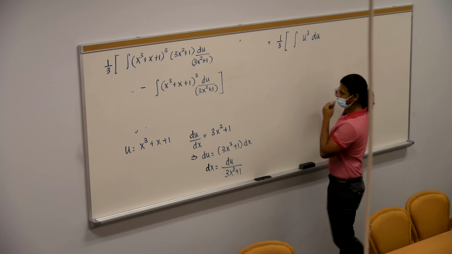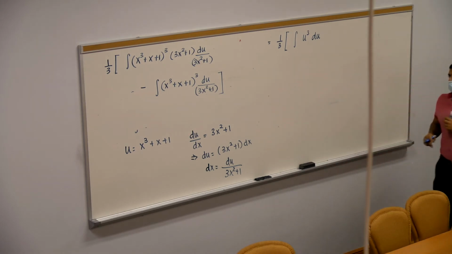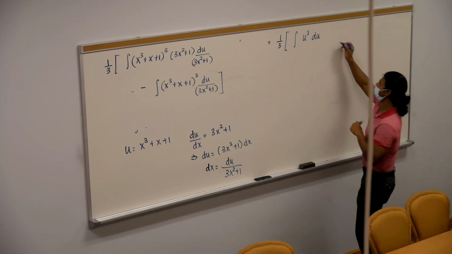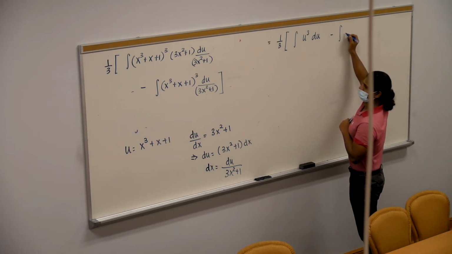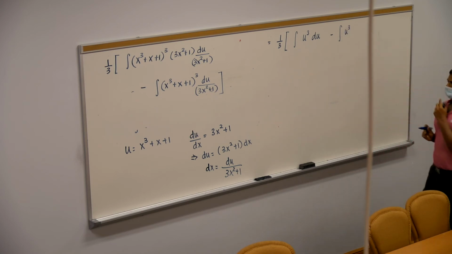I'd simply have du. The second integral ends up having x cubed plus x plus 1 cubed over 3x squared plus 1. U is simply x cubed plus x plus 1.